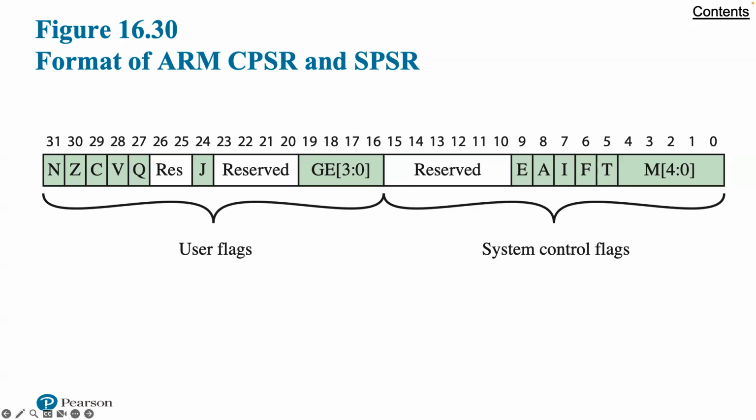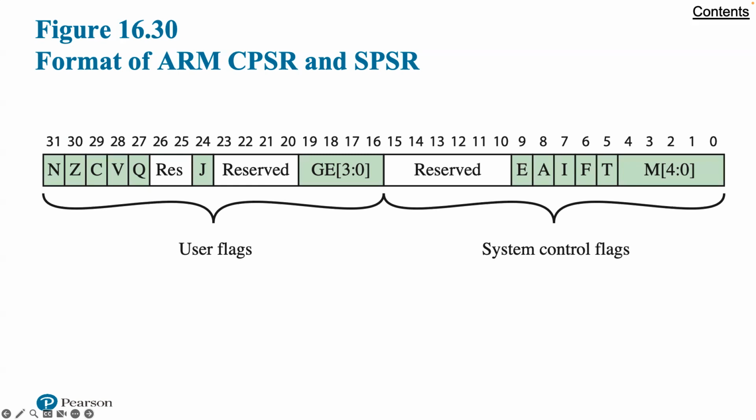And you can see that there's a lot of flexibility trying to handle legacy modes and specialized modes. You have the GE bits. This refers to SIMD instructions, which use the bits as greater than or equal to flags for individual bytes or half words of the result.